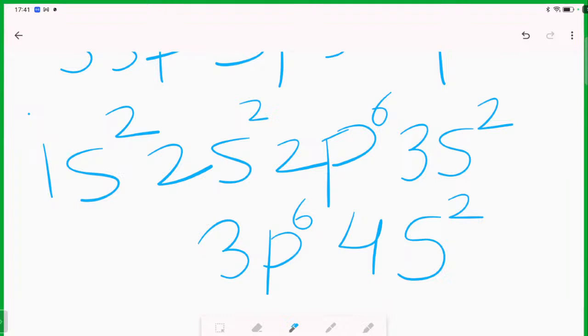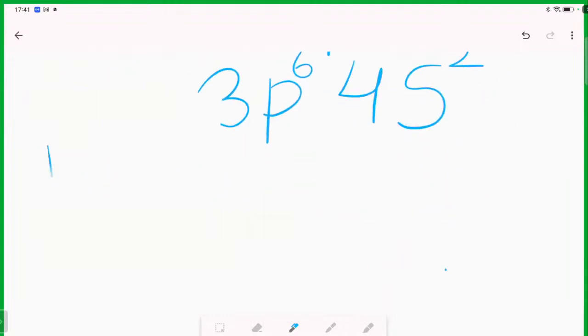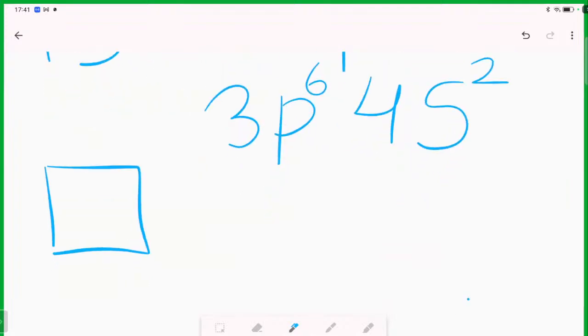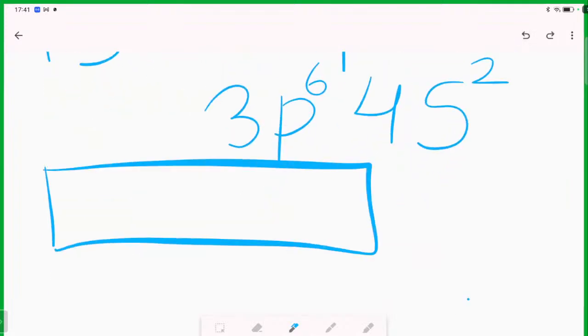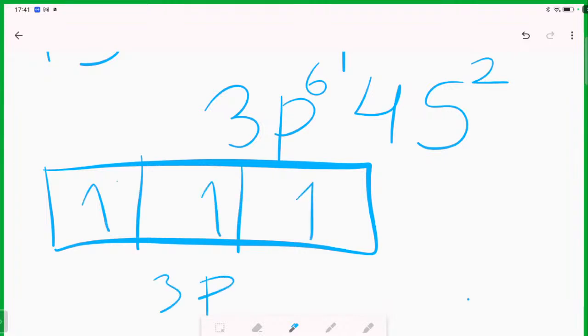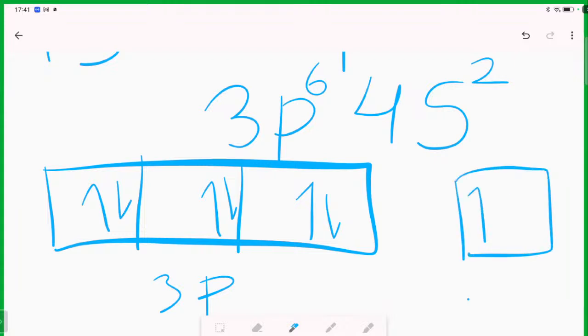So when we talk about the representation, what do we mean? Our last orbitals, we usually represent the last, right? So the 3p has 6 electrons. We have represented 6, and the 4s has 2 electrons. We have represented.